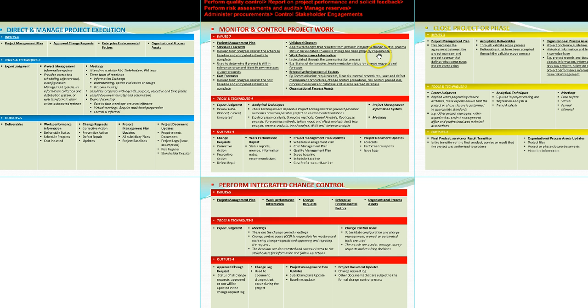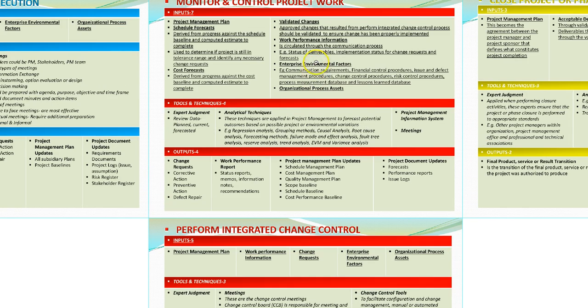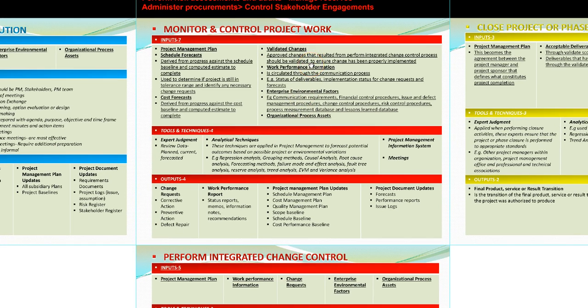Now, in the monitor and control project work, we try to monitor how we are going to manage the project, how we are going to make sure that the project is going as planned.